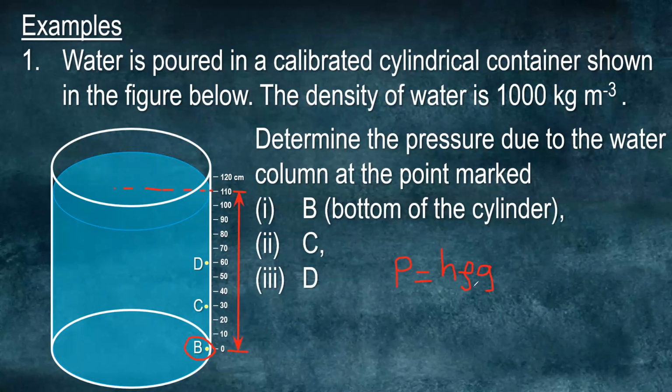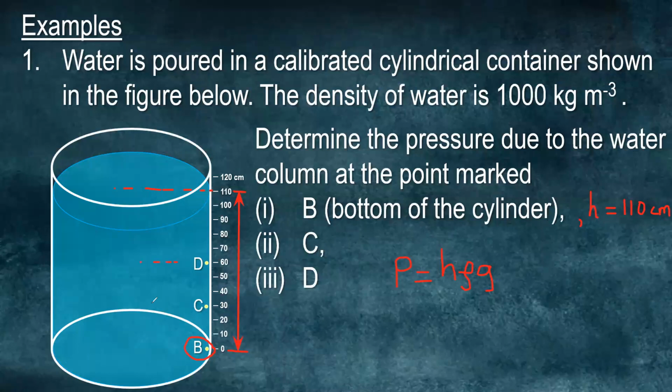So the depth at that point, therefore, is going to be 110. All you need to understand is the depth. The depth is going to be 110 centimeters. We are going to do the calculations together. Then in Roman 2, what is the depth?